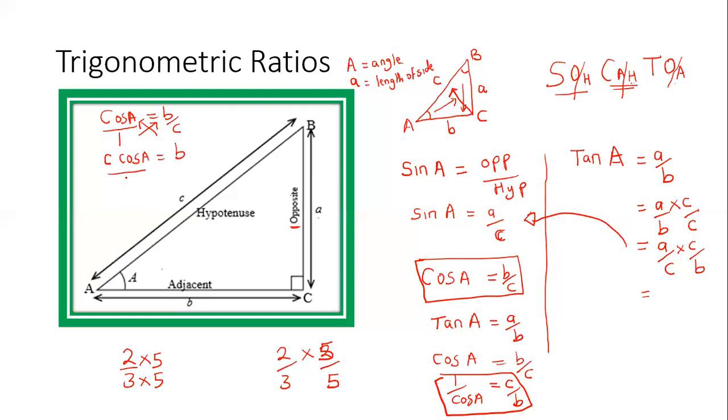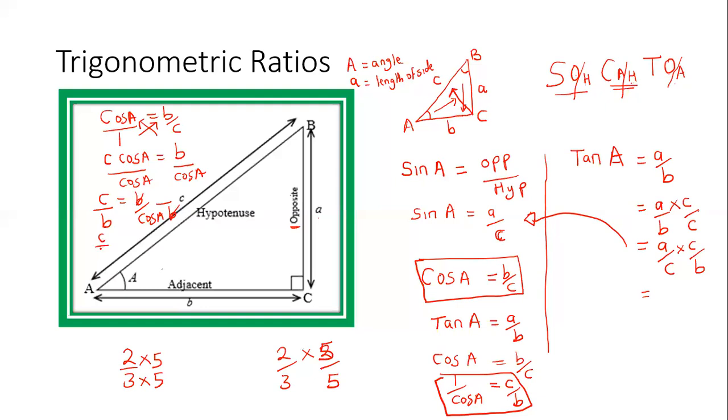So when I divide by cos of A, it means I'll have C is equal to B out of cos of A. In case I want to remove this B, I divide by B, so this B and this one cancel.